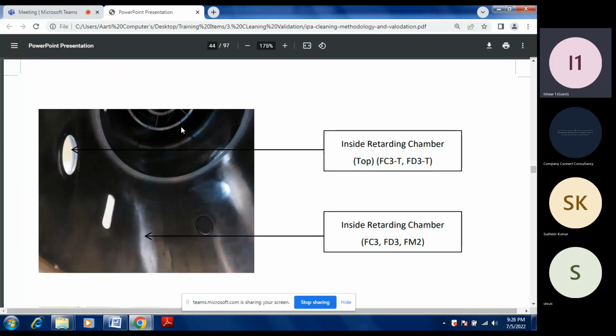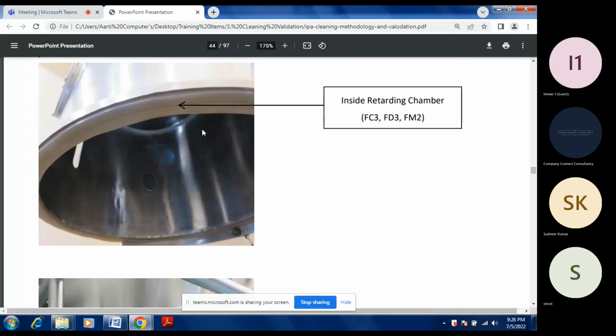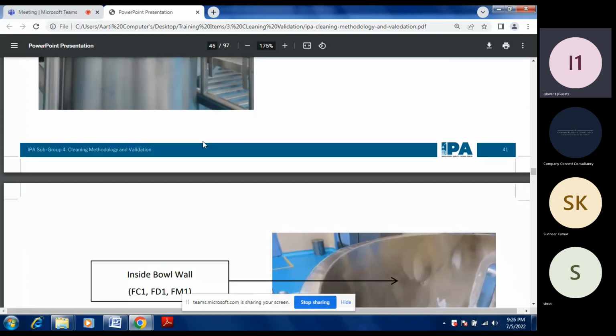This is the inside of the retarding chamber, and this is the sampling port. All those pictures show where we collect the sample.